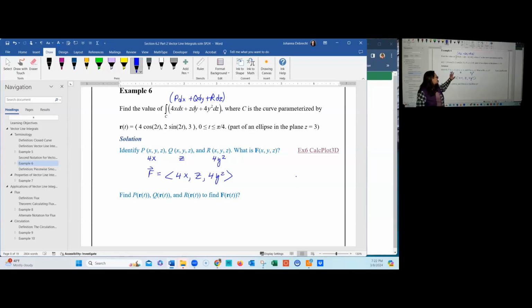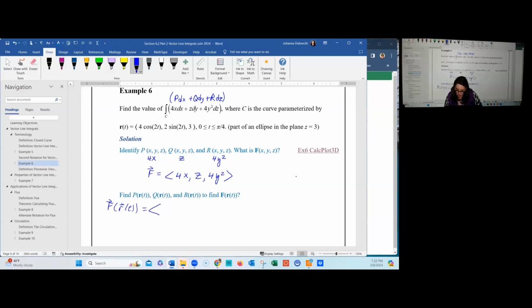Now that we have p, q, and r, we want to evaluate p of r of t, q of r of t, and r of r of t, which basically means we are finding the vector field evaluated at the parameterization, f of r of t. In order to do this, we're going to represent it in its vector form, which will give us p of r of t, comma q of r of t, comma capital R of r of t.